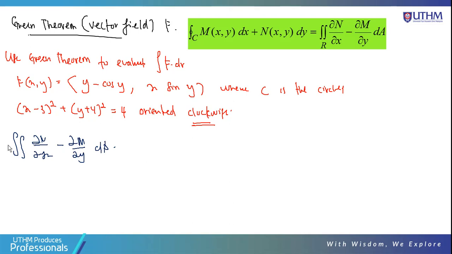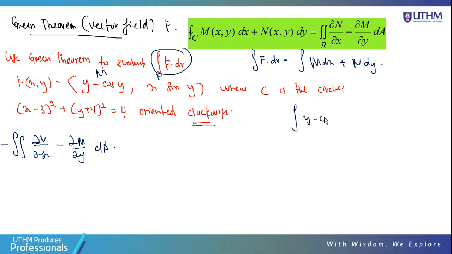Since it is oriented clockwise, put a negative here. Easy, right? Put a negative here. So this one, you know the line integral equals the line integral of M dx plus N dy, for F equals M, N. Okay, so you form the line integral here: integral of (y minus cos y) dx plus N, which is x sin y, dy. Okay, you have formed it here. Once formed, then you can use Green's theorem. So it equals negative of N minus M.